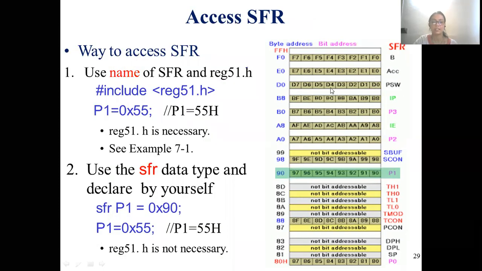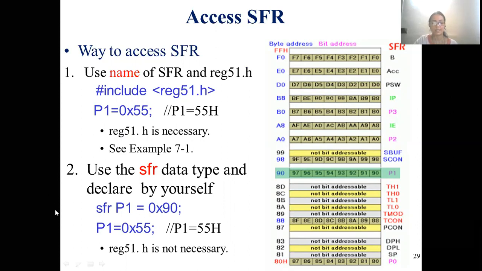Now the next discussion is how we access this memory space by writing code. We discussed that we can access the SFR by writing the syntax of the header file and then defining the data which you want to access. The second way is that you can directly specify sfr instead of calling the header file at the start of the program.